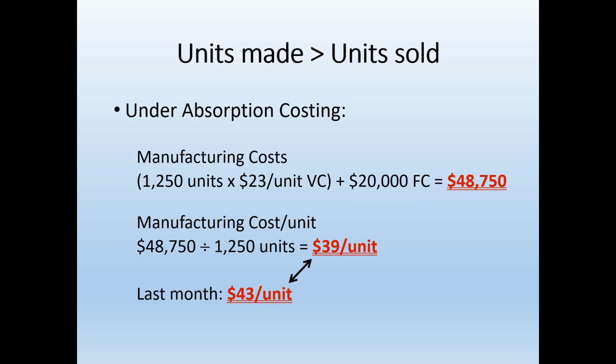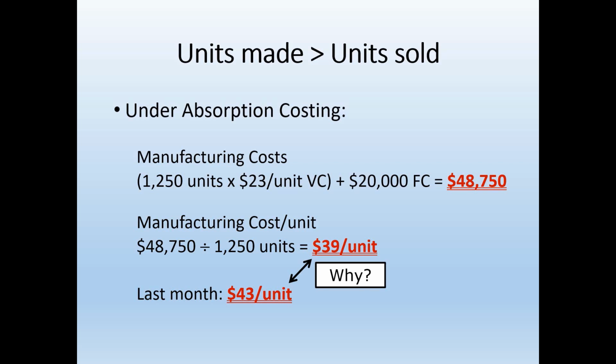So we need to think about why the cost per unit changed between October and November, given the fact that nothing in the cost structure changed. The variable costs per unit didn't change. The total fixed manufacturing overhead and total fixed selling and administrative costs didn't change.